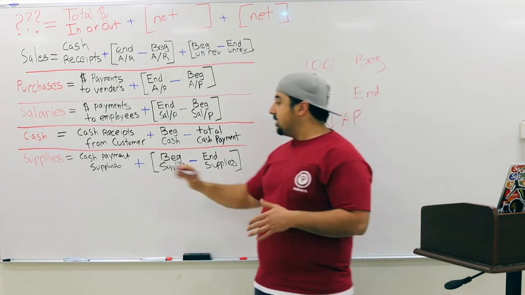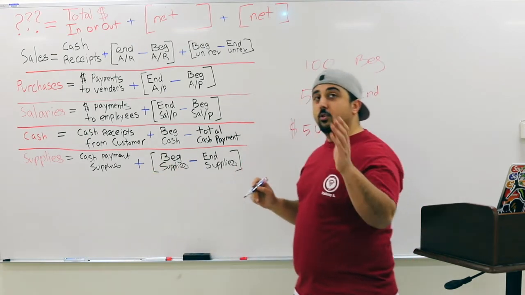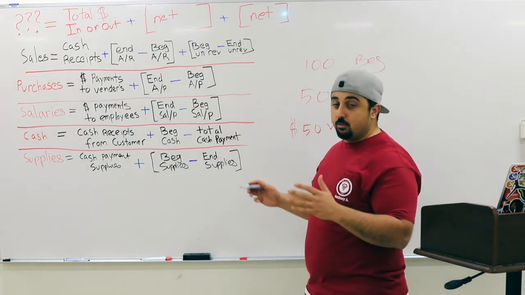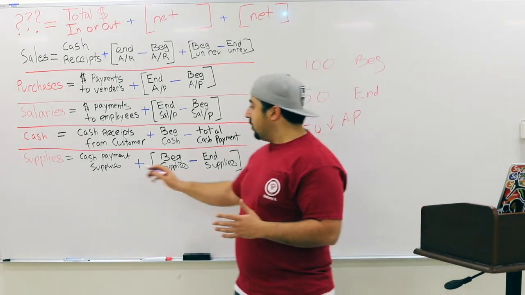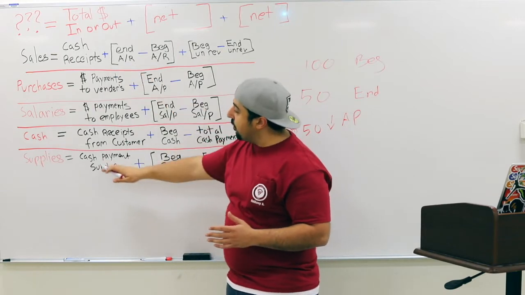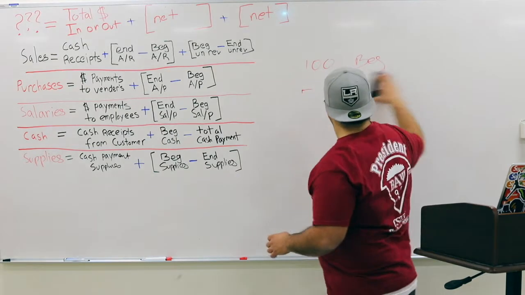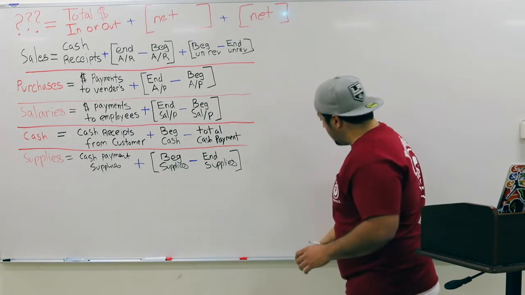Supplies, you can basically use the cost of goods sold formula to solve this one. So I tried making it uniform, but you can just deal with this setup.